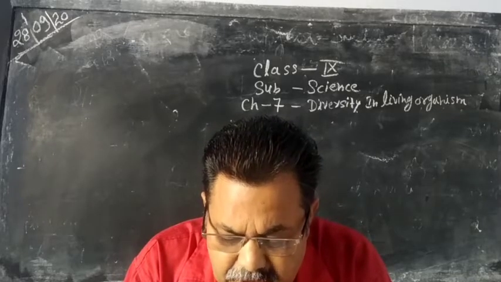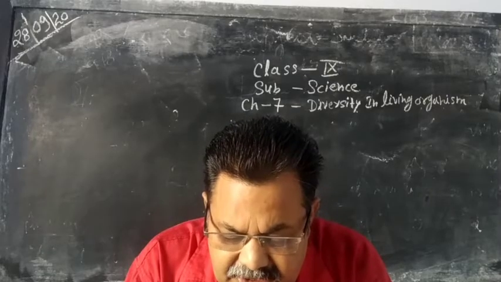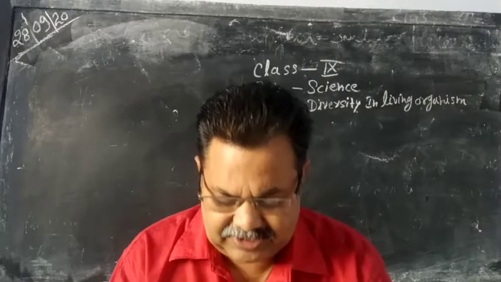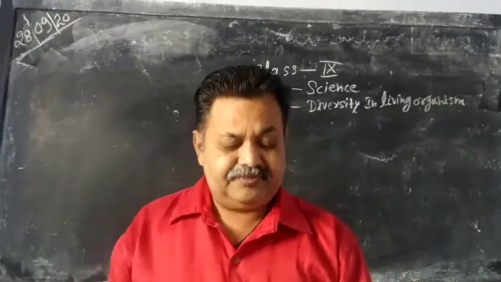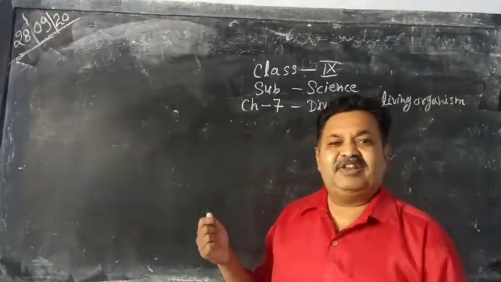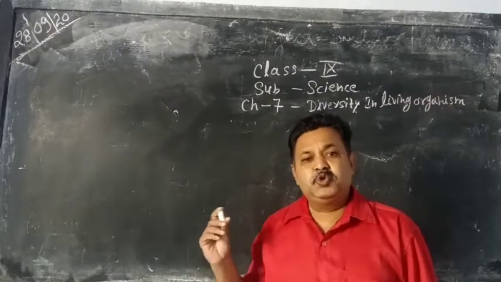First one is eukaryotic cell and prokaryotic cell. Some organisms which have a well-developed cell are known as eukaryotes.